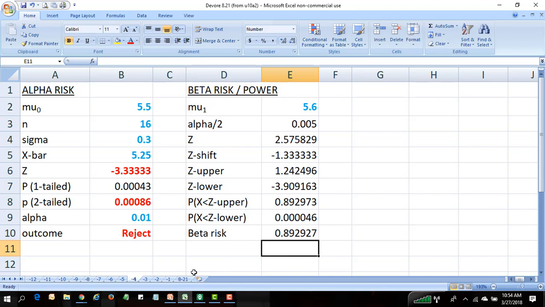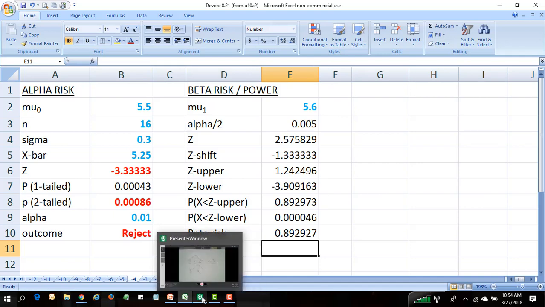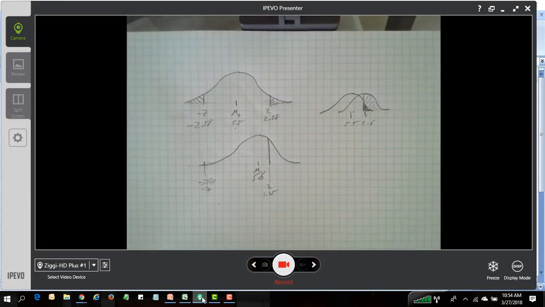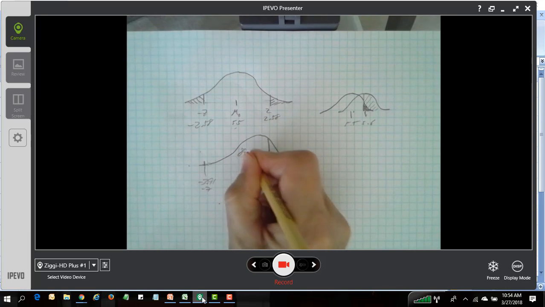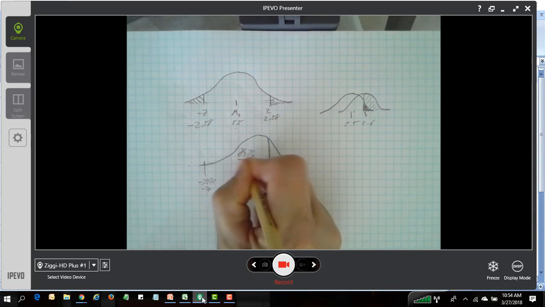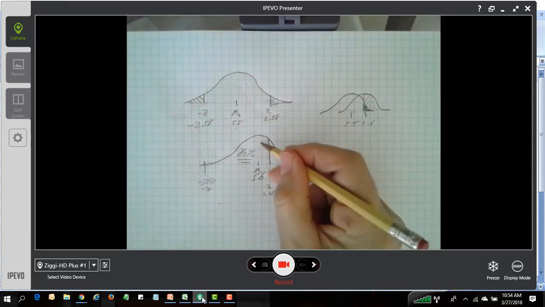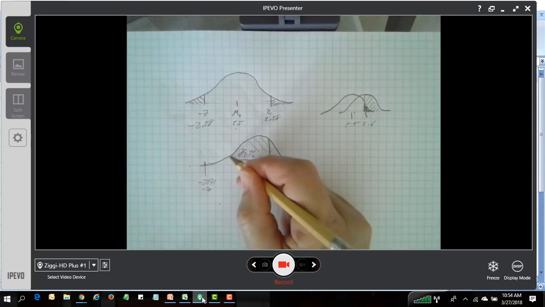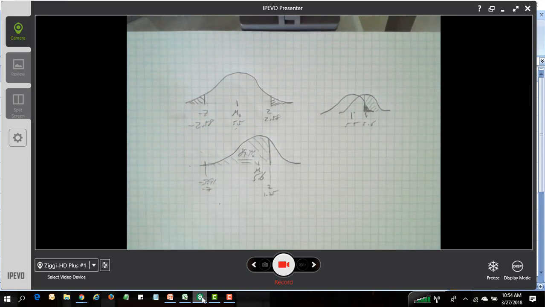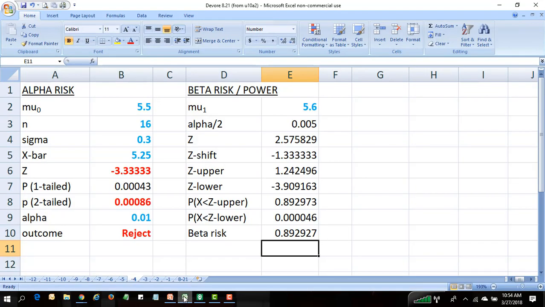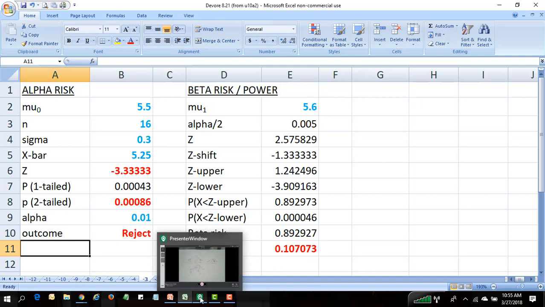So 89.3% of the curve represents the beta risk between the two tails that we have going on here. The power of a test is equal to 1 minus the beta risk. So we can take that last step, subtract that 89 from 1, and say the power is basically 11%. So we have a test whose power is 11%.